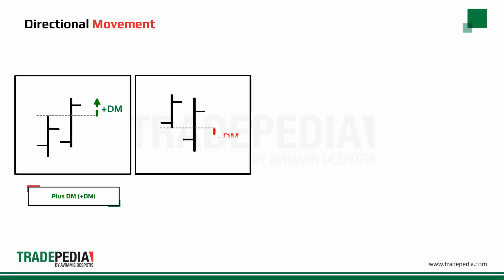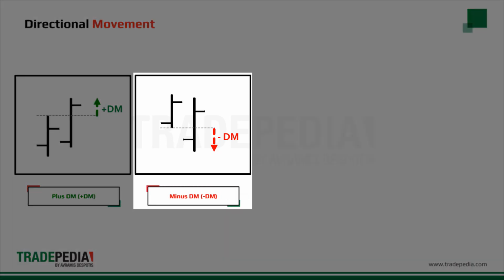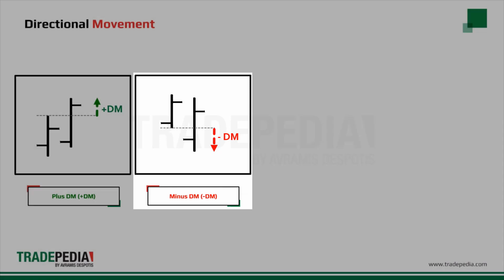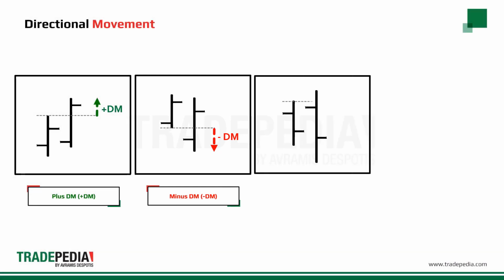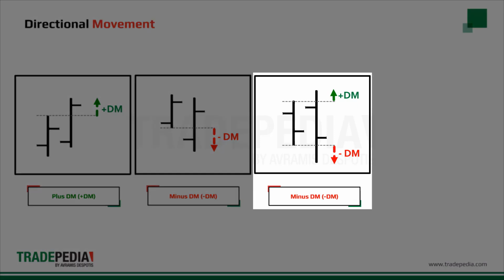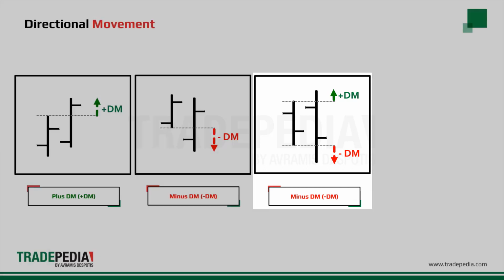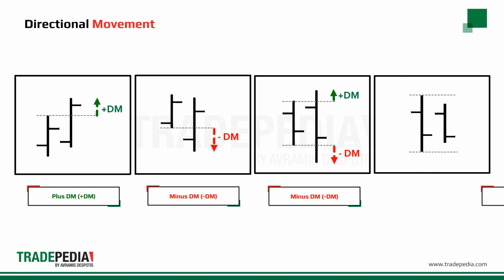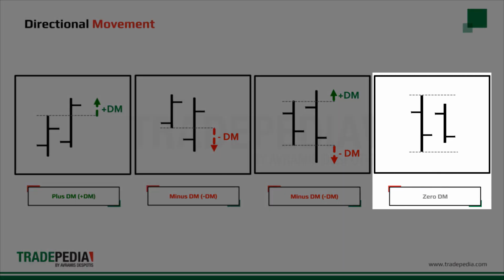When the price moves downwards, the difference between current low and previous low is measured as minus directional movement. In the case that the daily range goes both above and below the previous day's range, only the direction with the greater movement is measured as directional movement. In this example, minus directional movement. And when the trading range is within the trading range of the previous day, there is no directional movement.